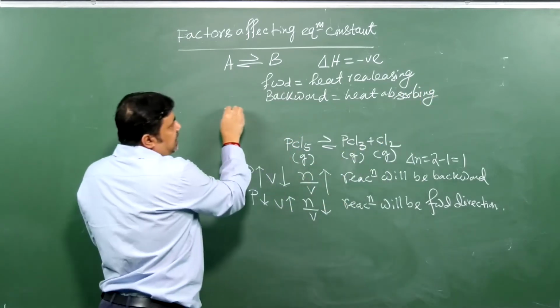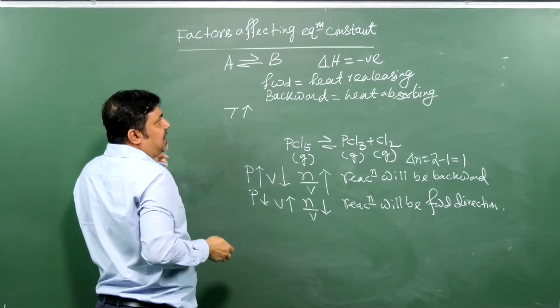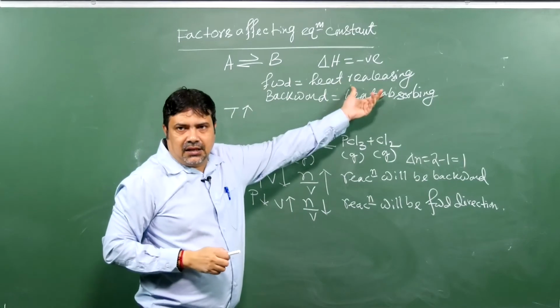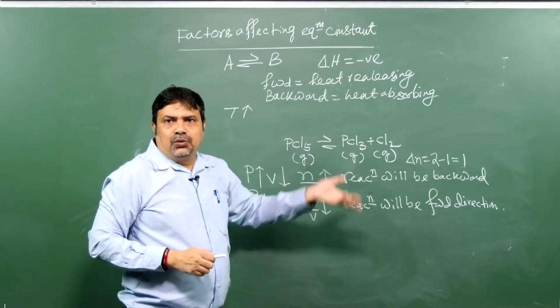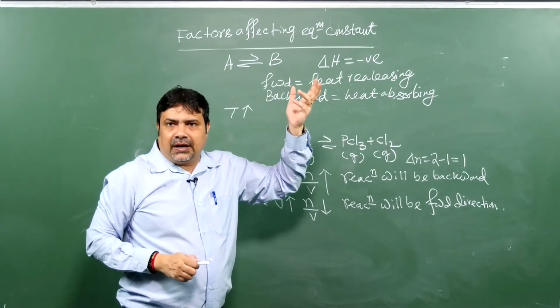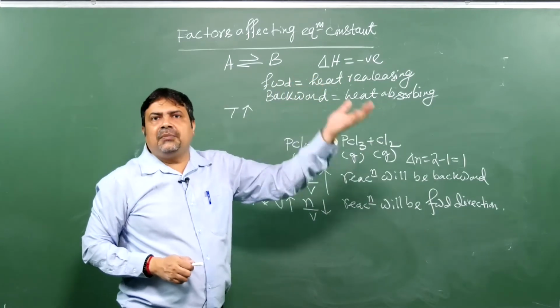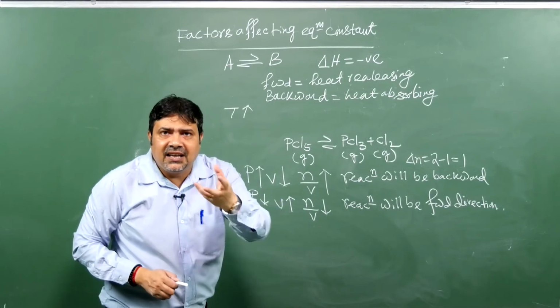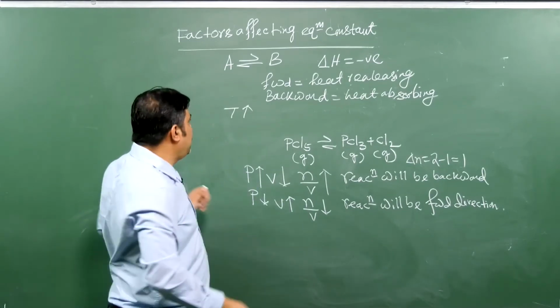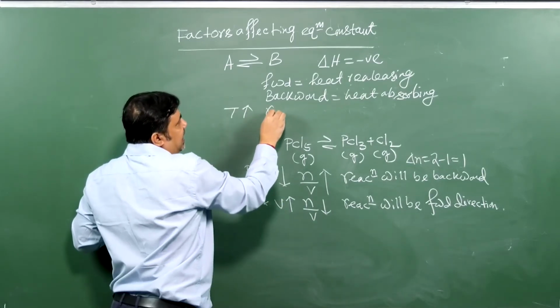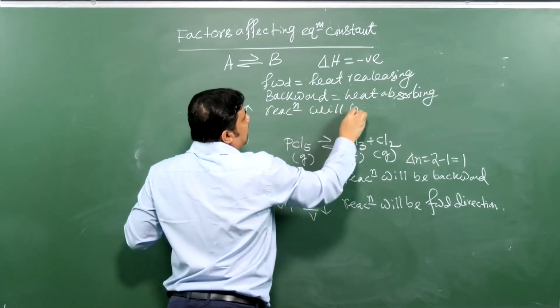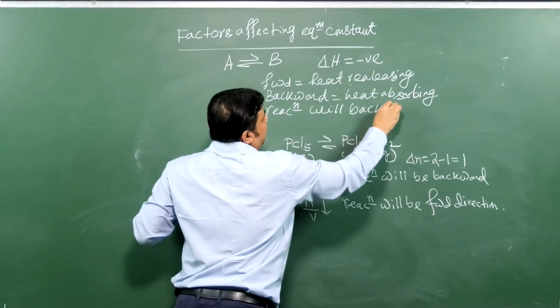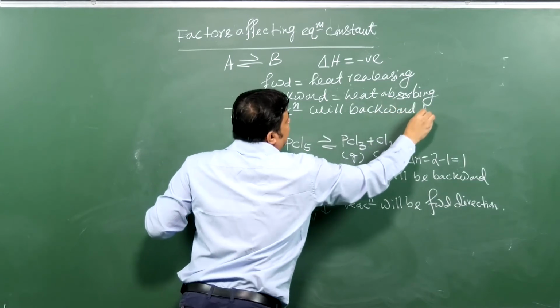Now if you increase the temperature, the forward reaction is already heat releasing, so if I go in the forward direction, more heat will be released while you are increasing the temperature. That is not favorable. If the reaction comes to the backward side, heat will be absorbed. So when temperature increases, the reaction will go in the backward direction.